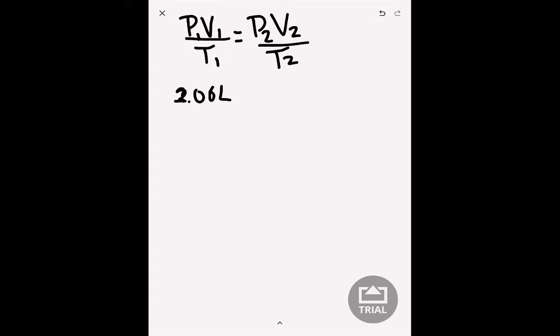So my combined gas law, P1 V1 over T1 equals P2 V2 over T2. All right, so let's look at this problem. An unopened cold 2-liter soda bottle, so 2.00 liters. 46.0 milliliters. 1.30 atmospheres. 5.00 degrees Celsius.